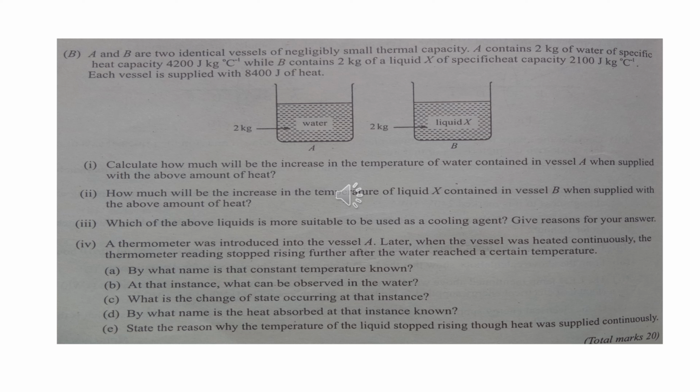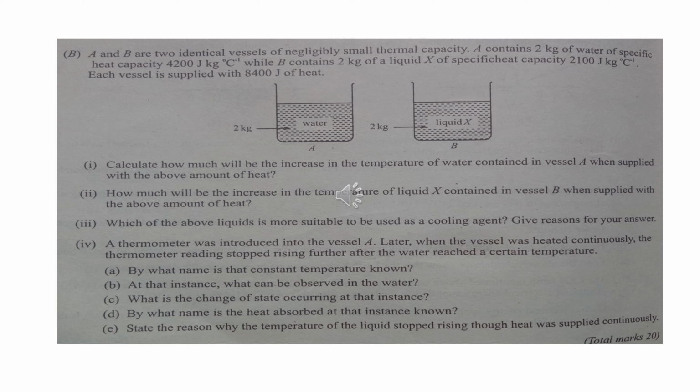You can observe the above two calculations and get the answer easily. In water, the temperature rises by 1 degree Celsius. But in liquid X, when the same amount of heat is supplied, the temperature increases by 2 degrees Celsius. Then the answer is water. Rise in temperature is smaller in water.